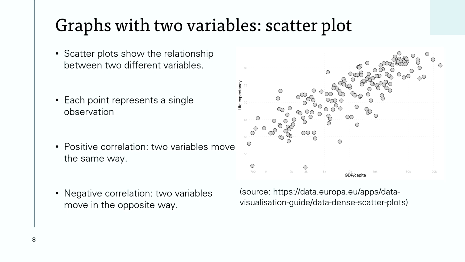If one variable increases, the other variable tends to decrease. For example, unemployment and economic growth may exhibit a negative relationship. It is important to remember that correlation does not necessarily imply causation. Just because two variables move together does not mean one variable causes the other.